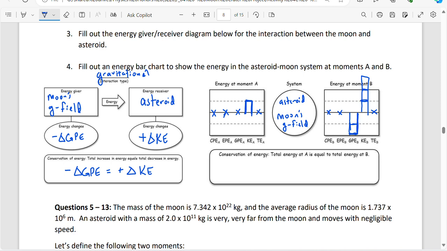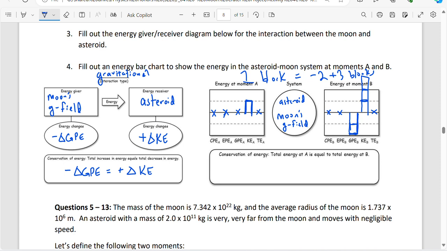The way to think about this is we have 1 block over here, and that has to be equal to the -2 plus 3 blocks over here. So that's the way to think about the negative energy when we're bar graphing here.